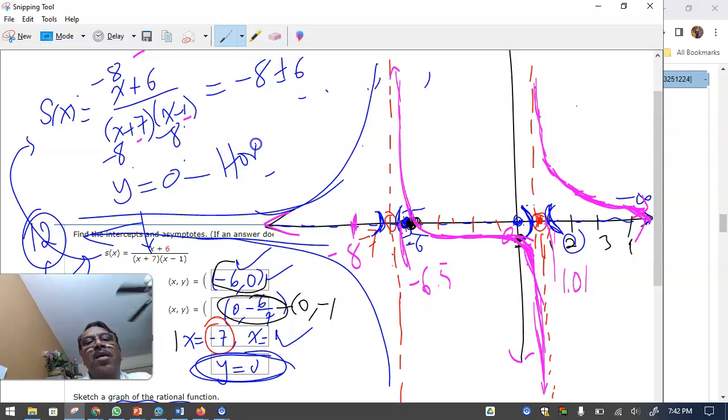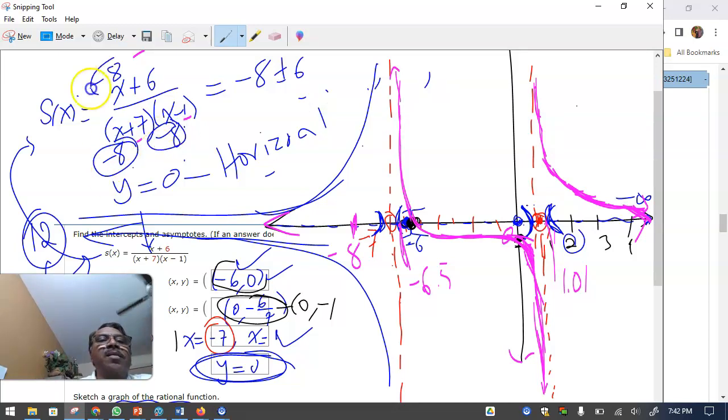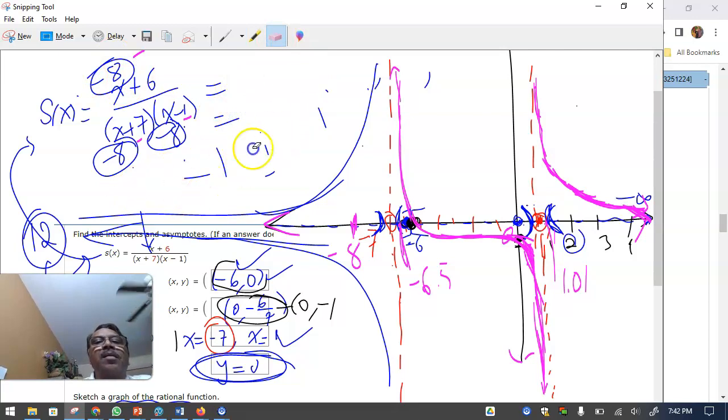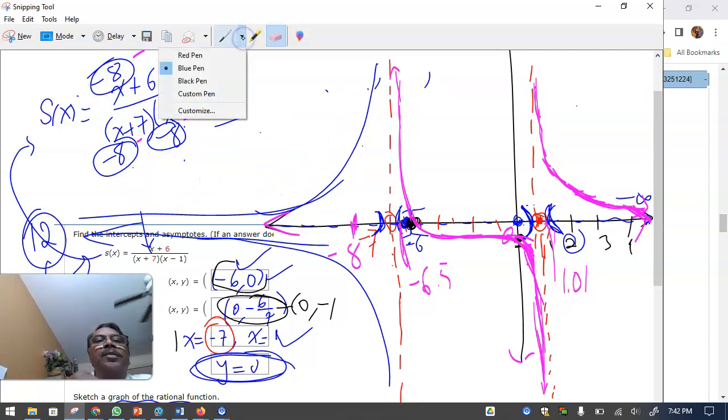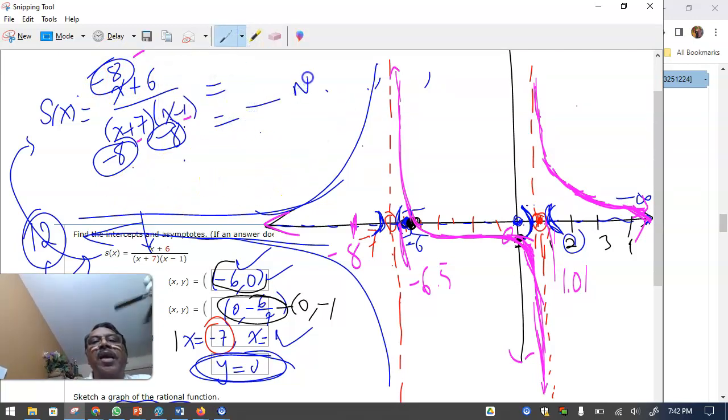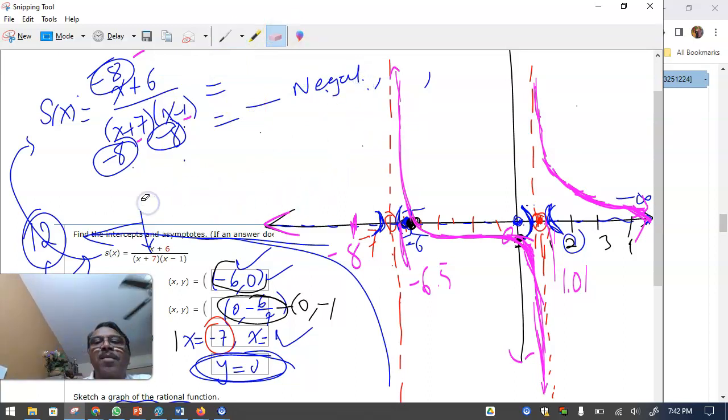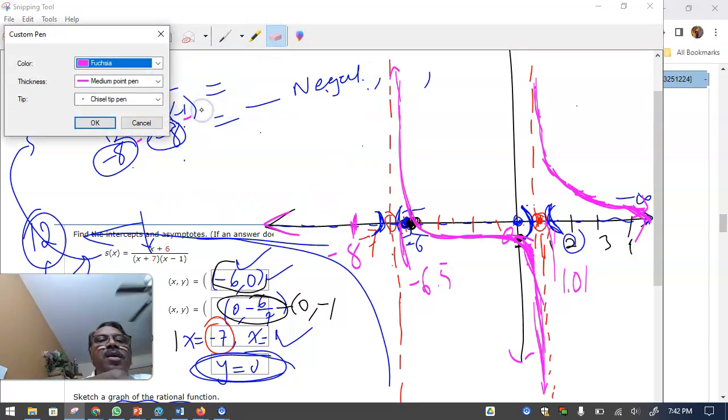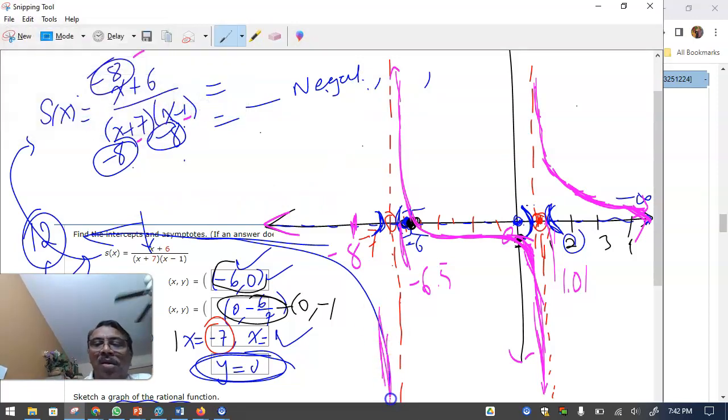That's the horizontal asymptote. But the question is up or down, and that's what we checked: when you plugged in -8, you got the answer as negative. Negative means the graph is below the x-axis, so you can't have above. So your graph goes down here, and this is how you sketch the graph. I hope I made sense.